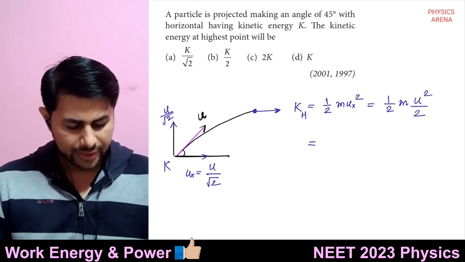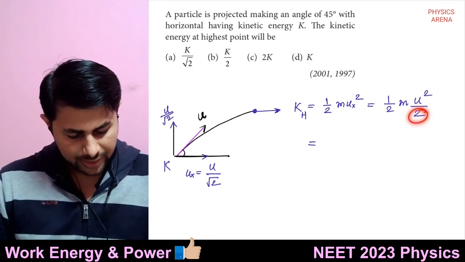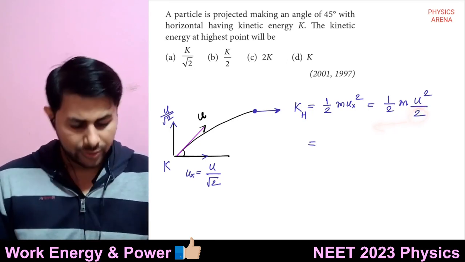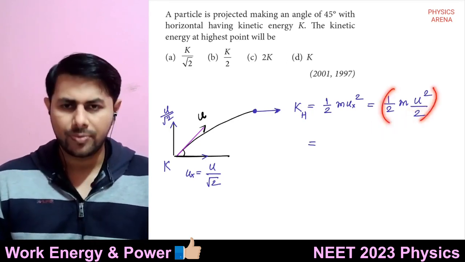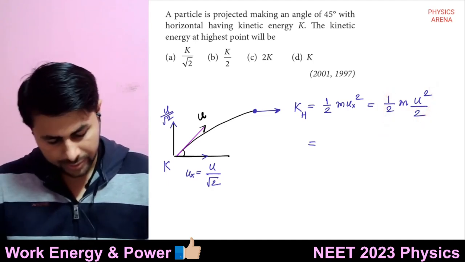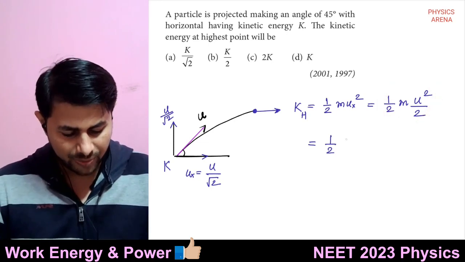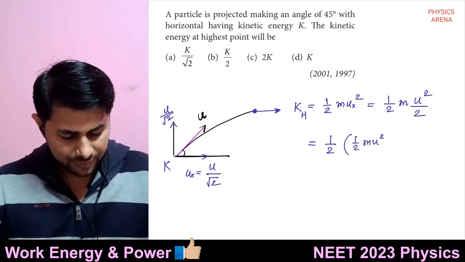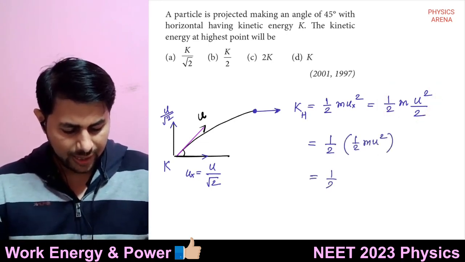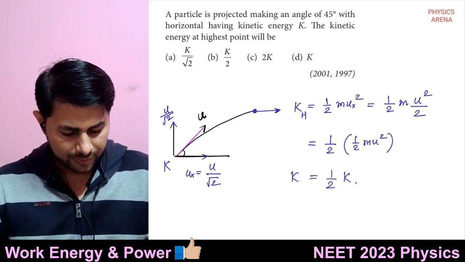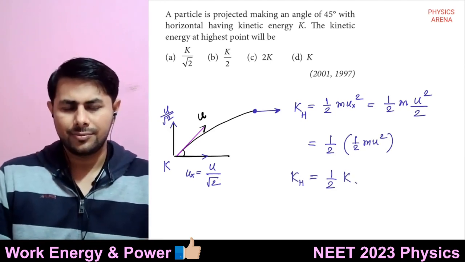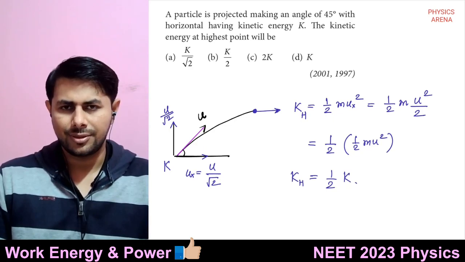Take that 2 out, so it will be half times half of mu square. So that is half of the initial kinetic energy, right?